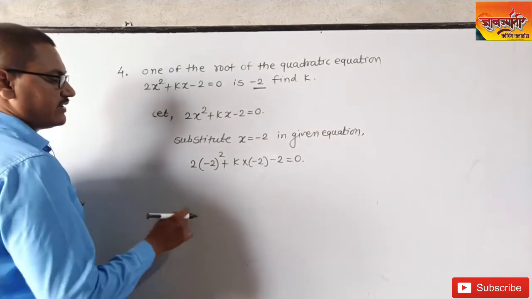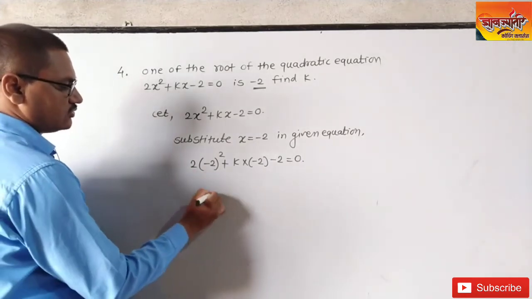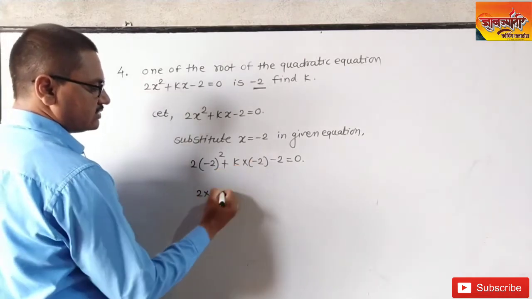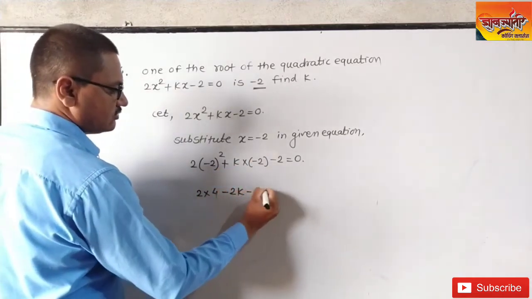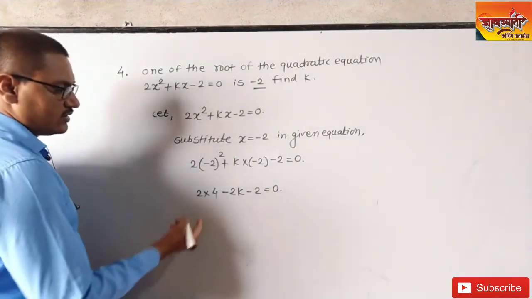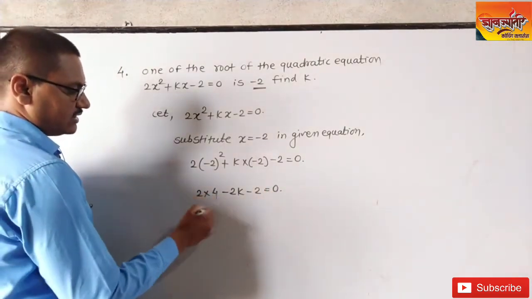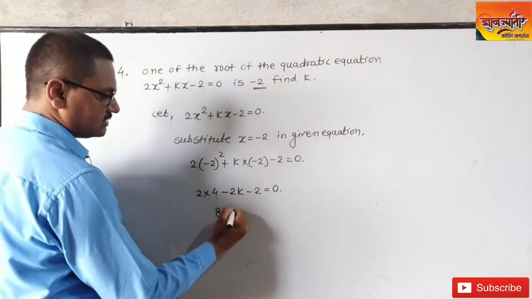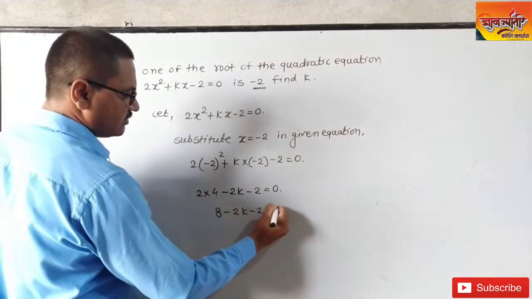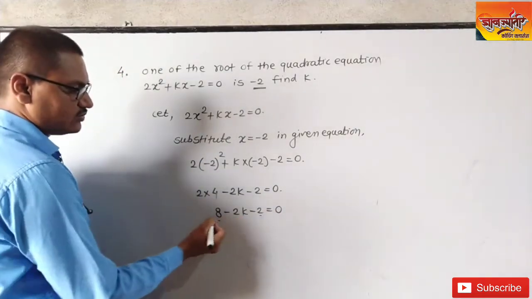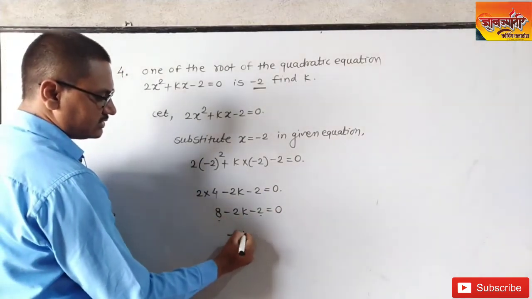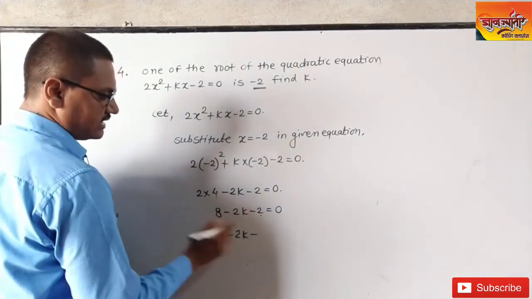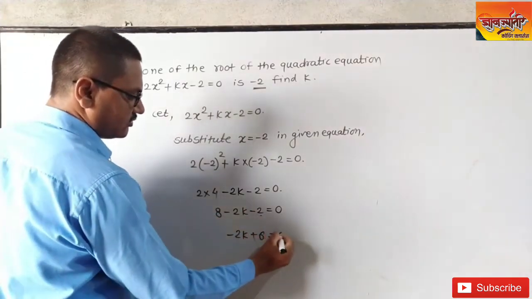Simplifying the equation, 2 into minus 2 square we get 4. After multiplying by k, minus 2k, minus 2 is equal to 0. On simplifying, 4 into 2 we get 8, minus 2k minus 2 is equal to 0. Equate the like terms: minus 2 plus 8 we get plus 6, so minus 2k plus 6 is equal to 0.